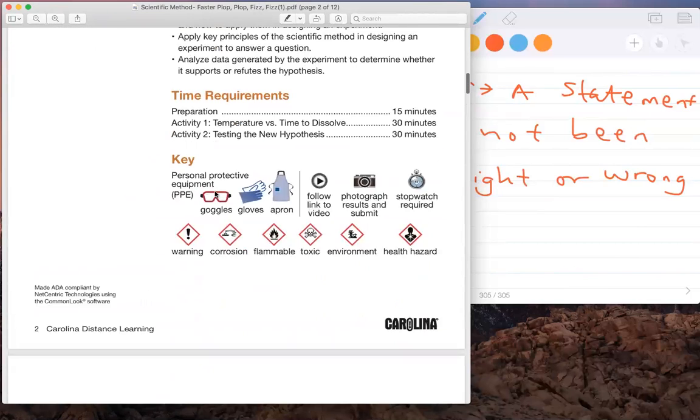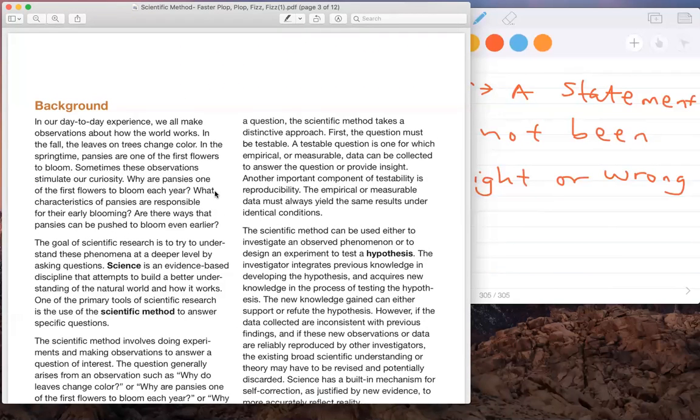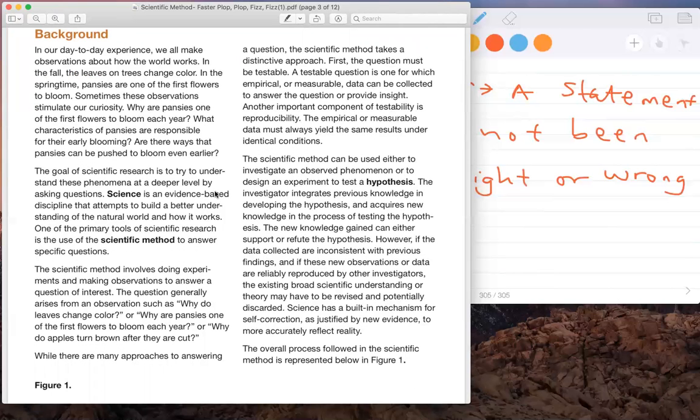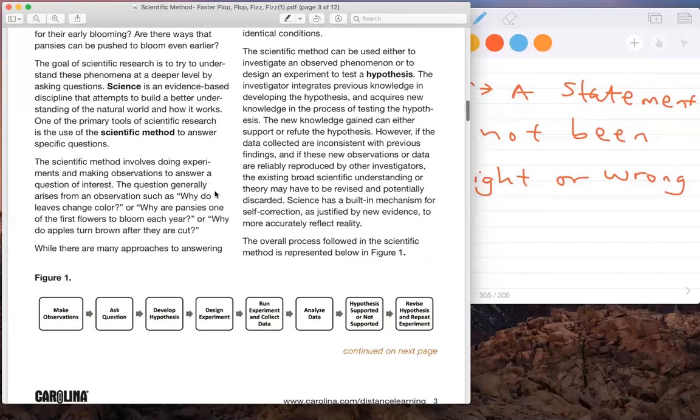What I want you to do is, this document is available online. You will read the background and understand the bold terms. You need to know them. You should be able to define them. Remember to download it. Here is Figure 1.